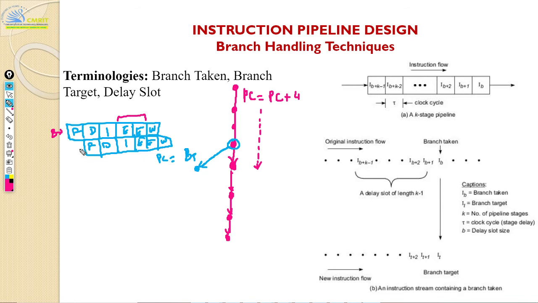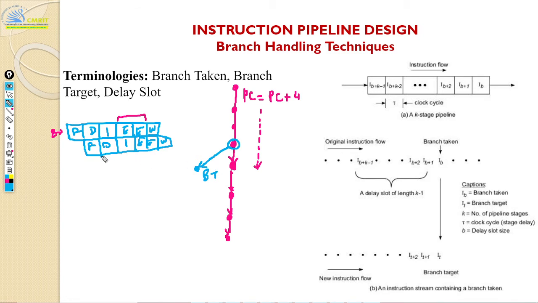So by that time, you would have already filled the pipeline. One second. So this is your branch target.